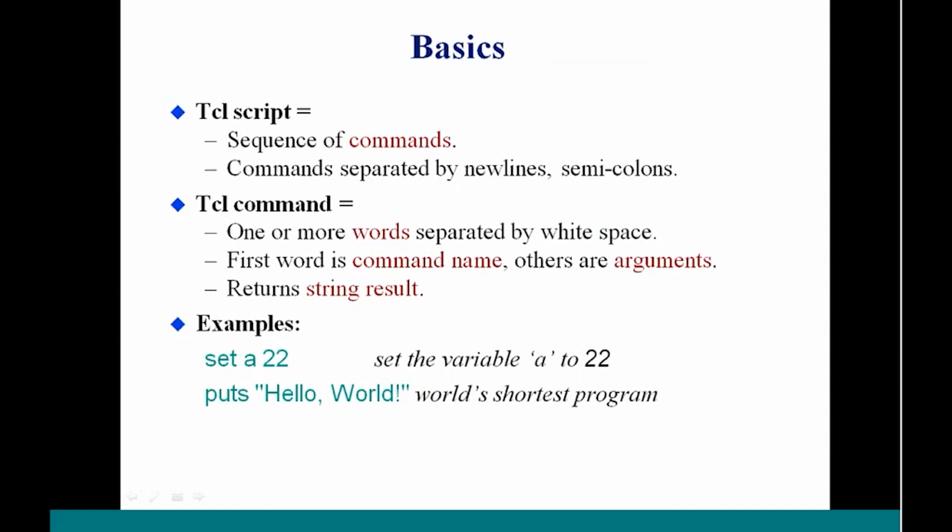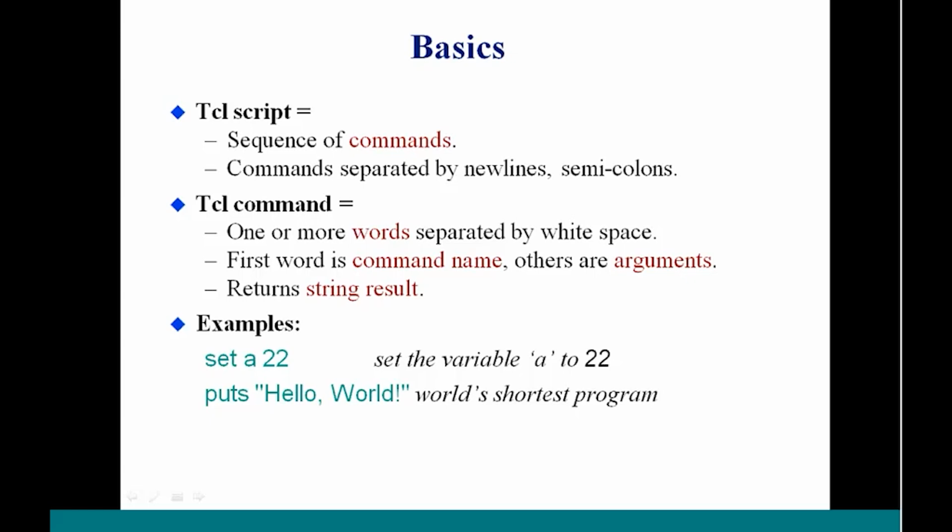Again, going back to basics, a Tcl script is just a sequence of commands. The commands are separated by new lines or semicolons. Now the script is comprised of commands, and the command terminations are new lines or semicolons.